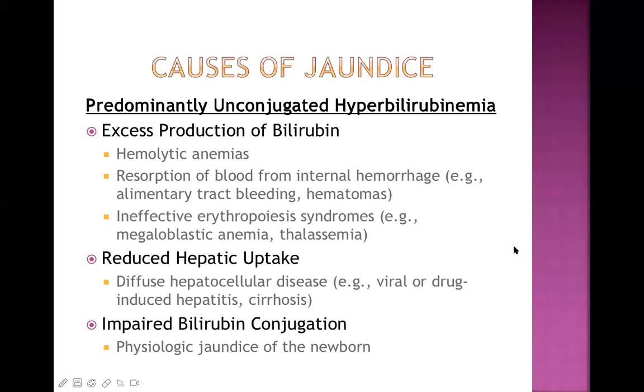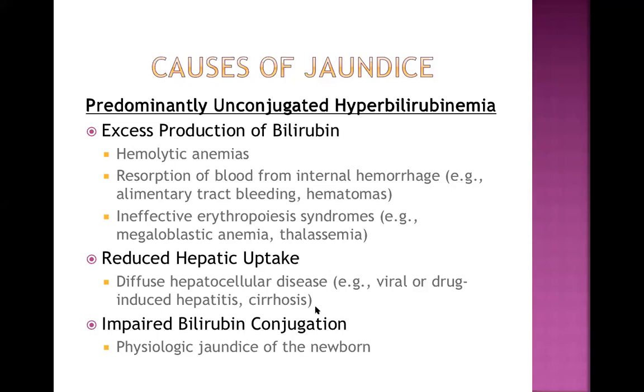Some important examples are thalassemia and megaloblastic anemia. Another important heading here is reduced hepatic uptake. The bilirubin is there, but if the liver fails to take that bilirubin inside the hepatocyte, then also unconjugated hyperbilirubinemia will occur, and this occurs in viral or drug-induced hepatitis and even cirrhosis of the liver.